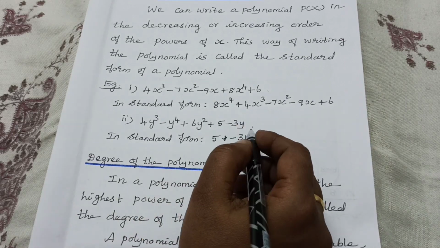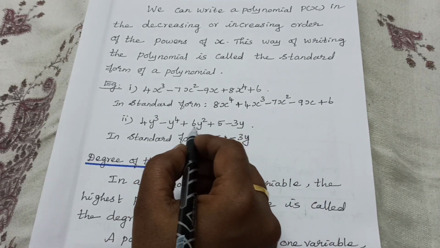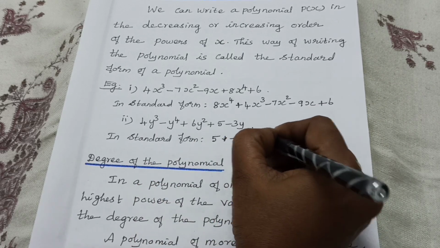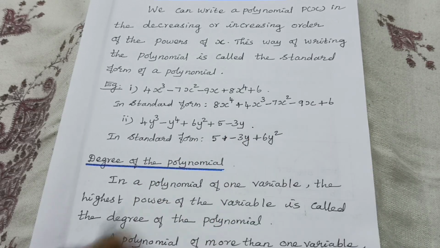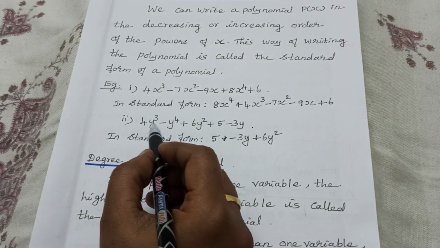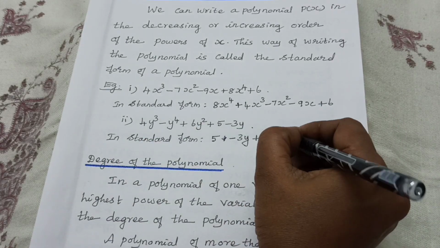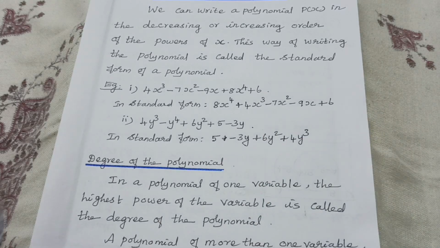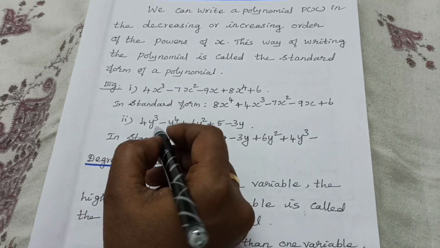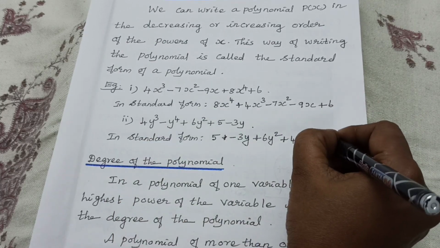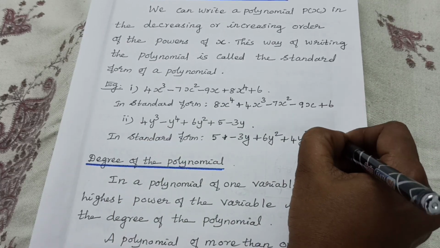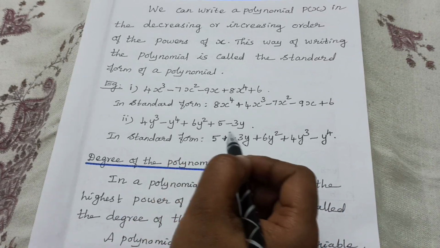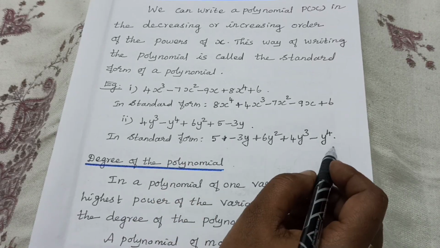Then the y square term, plus 6y square. Then the y cube term is plus 4y cube. Then minus y power 4. Have you understood? This is increasing order of the power of y.